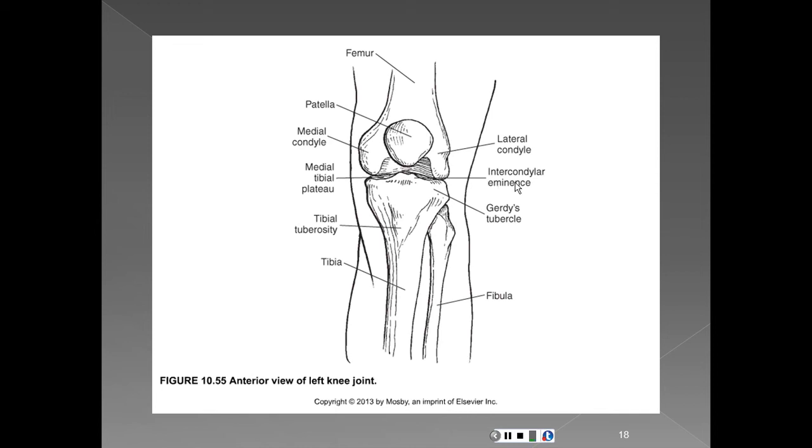The intercondylar eminence is on the tibial bone. So you have the tibial plateau. The intercondylar eminence is right there at the tibial plateaus, and you have Gerdy's tubercle, a little jutting of the proximal tibia, the fibula, tibia, and the tibial tuberosity.